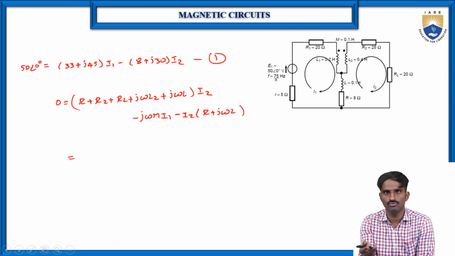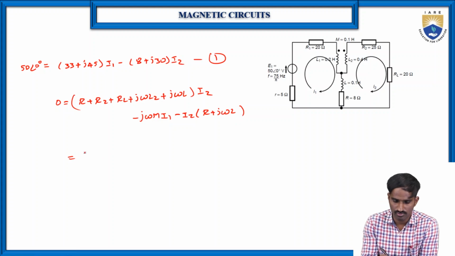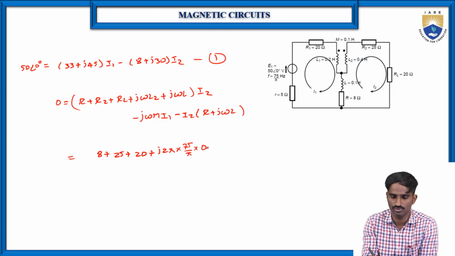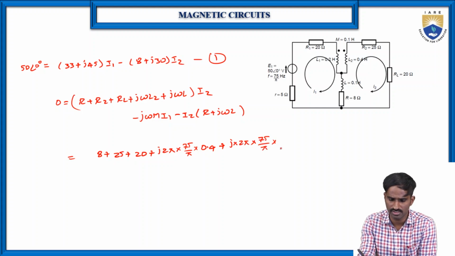You know what the R value, R2 value, and RL value are. So R is 8 plus R2 25 plus RL 20 plus j 2 pi into F, which is 75 by pi, into L2 value 0.4, plus j into 2 pi into 75 by pi into L.